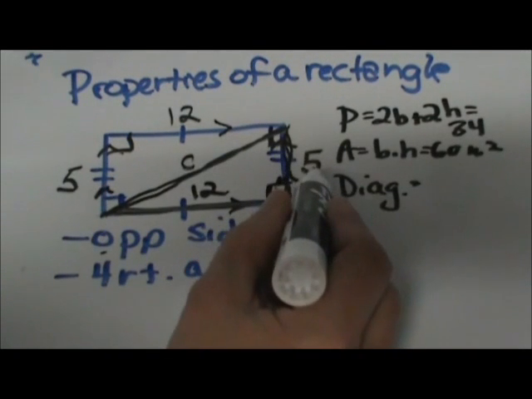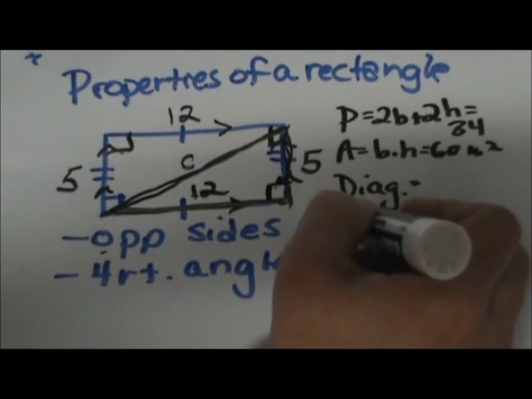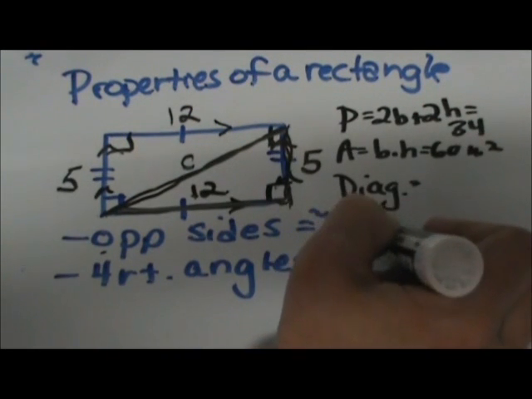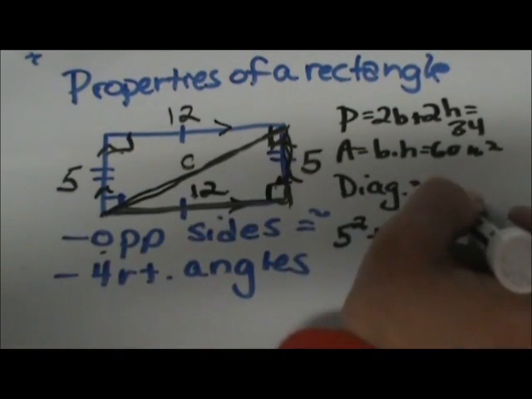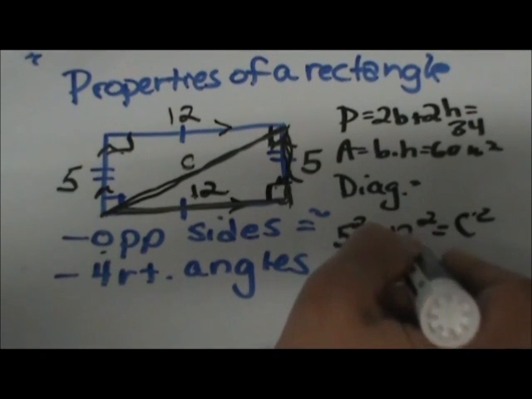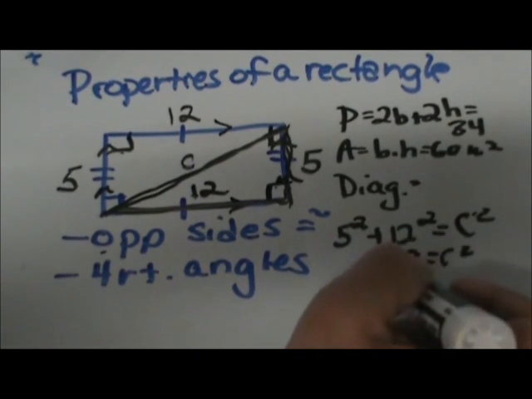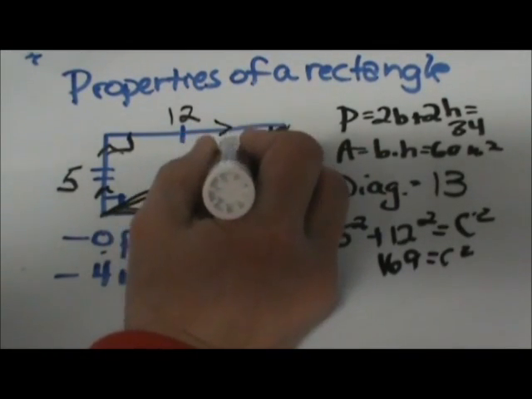So we can actually use the Pythagorean theorem to find the length of the diagonal. So let's take 5 squared, which is a squared, plus 12 squared, which is b squared, and solve for c squared. Once you multiply all that out, you get 169 equals c squared, so c has to be 13. So our diagonal has a length of 13.